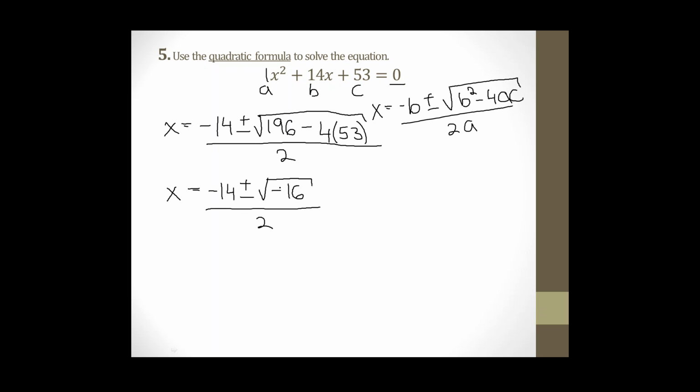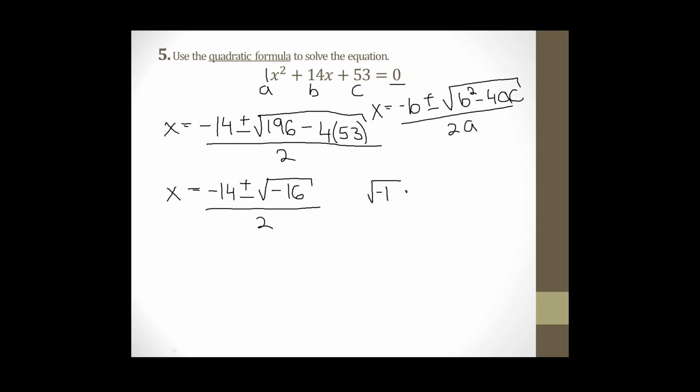When we are dealing with negative square roots, we should know that we will get an i out of it, because you cannot take the square root of a negative number. If you try to punch that into your calculator, you're going to get an error message, but no real answer.